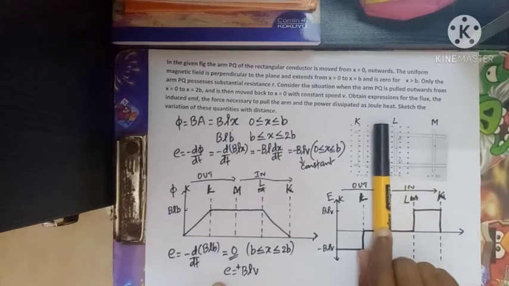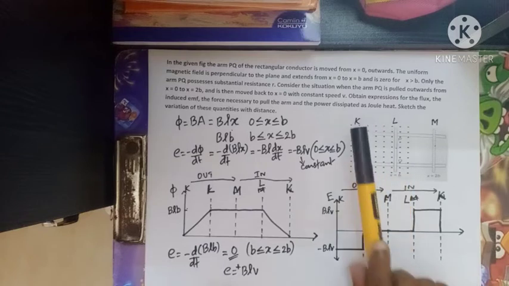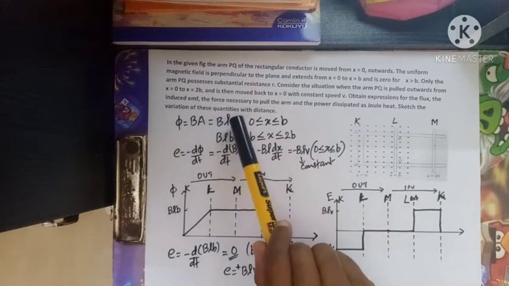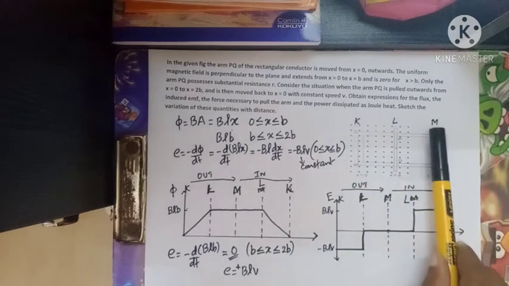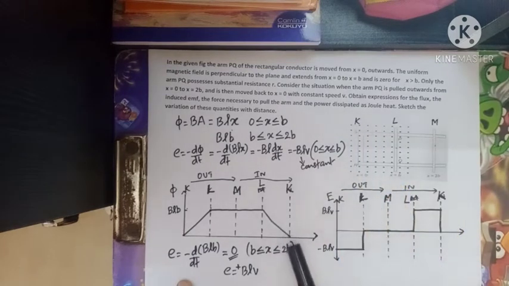Now coming back, L to K, the flux goes on decreasing. We gave increasing flux as BLX from K to L. On returning, from L to K, it is decreasing, so we take the flux as minus BLX. Then what will be the induced EMF?